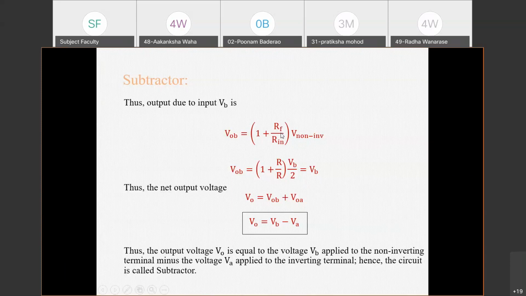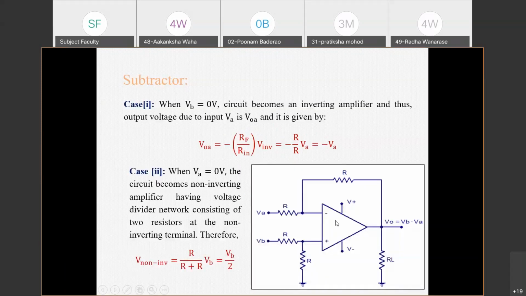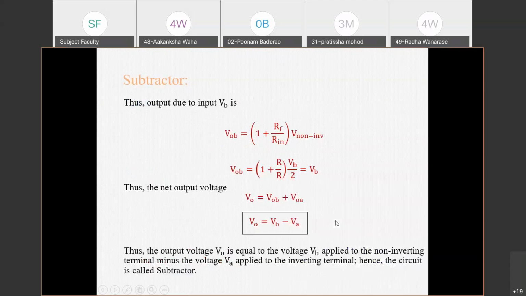Now again, the value of RF is also R and the value of Rin is also R, since all resistors are taken as identical. So you just put the values of RF and Rin here. R divided by R becomes 1. 1 plus 1 becomes 2.